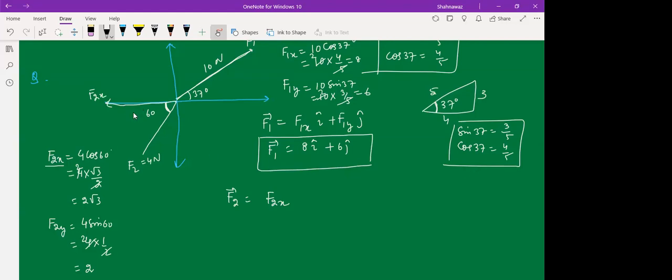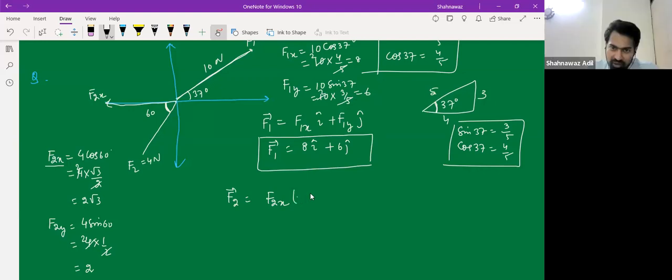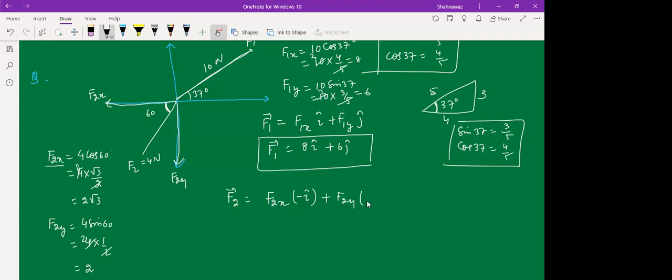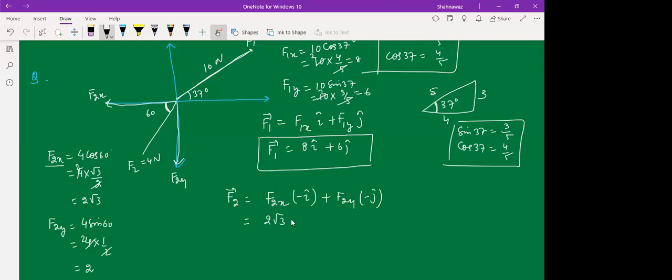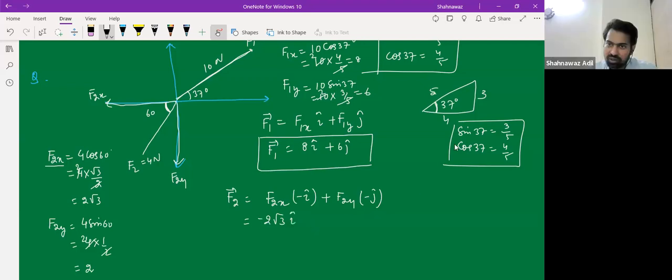This is negative, minus i. And again, we have this f2y, which is in this direction, minus j. So this is 2 root 3 minus i, and this is 2 minus j.